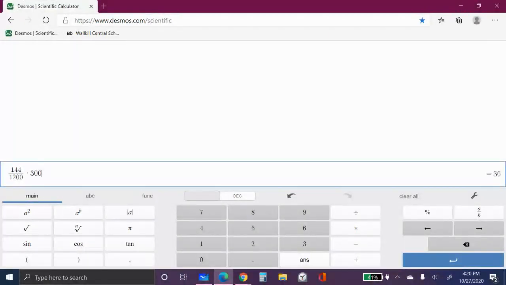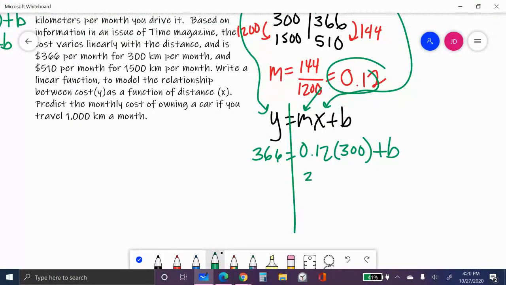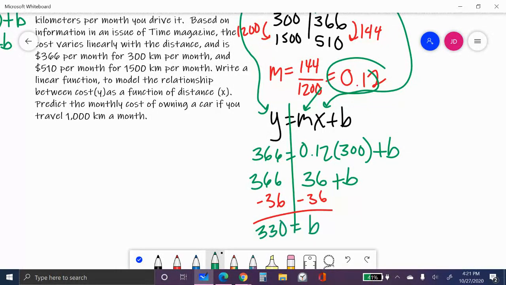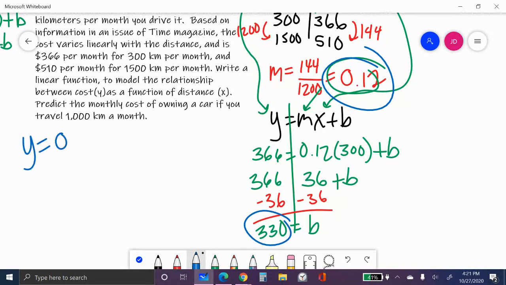Times 300 is 36. Minus 36 from both sides. And you get 330. 366 minus 36 is 330. So my slope is 0.12. My y-intercept is 330. So my equation is y equals 0.12x plus 330.